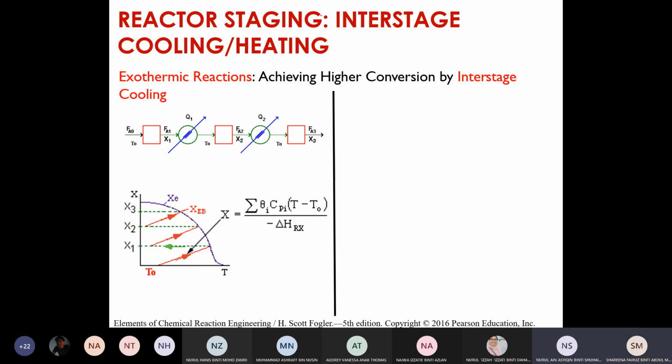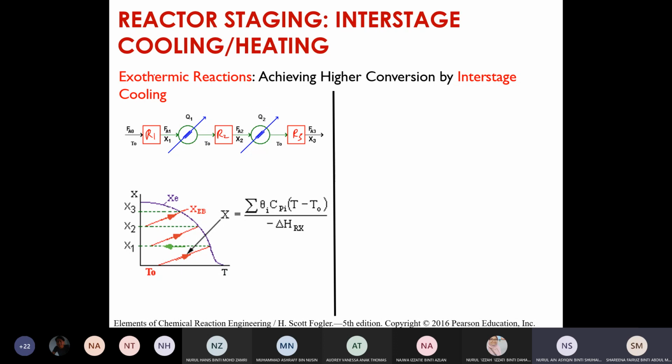Here you will learn about reactor staging. If you can see, this is reactor number 1, reactor number 2, and reactor number 3. This is the symbol for a coolant or heater. This one is for exothermic reactions, achieving higher conversion by interstage cooling.